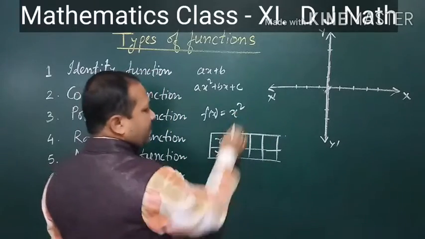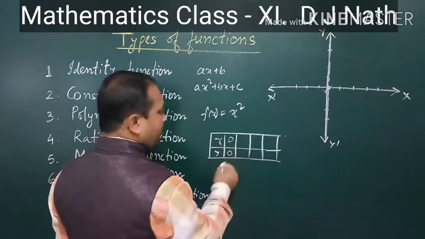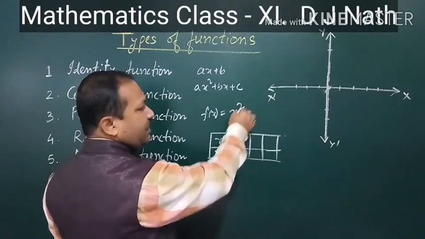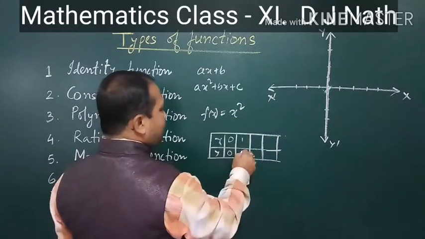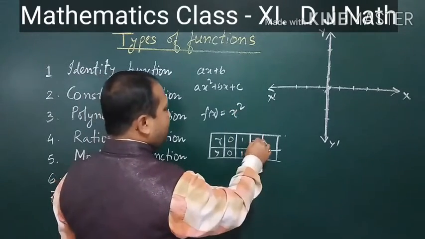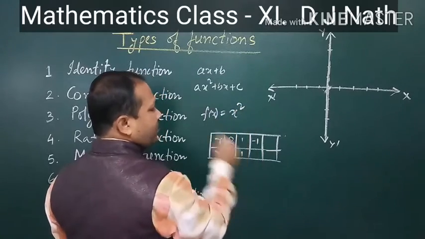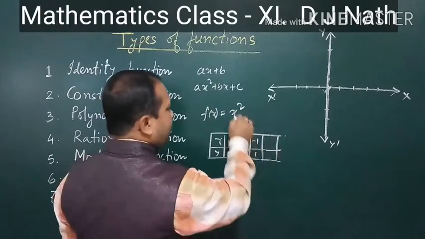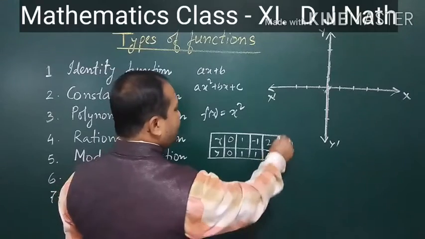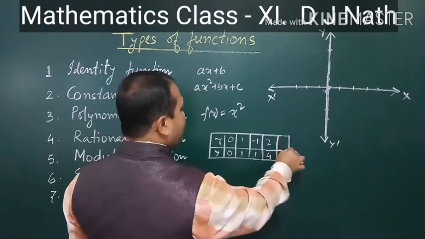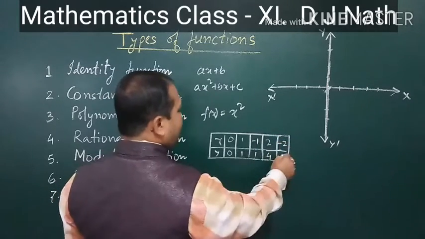If we take 0, it is also 0. If we take 1, it is 1. If we take minus 1, then minus 1 square is also 1. If we take 2, then 2 square is 4. If we take minus 2, it is also 4.